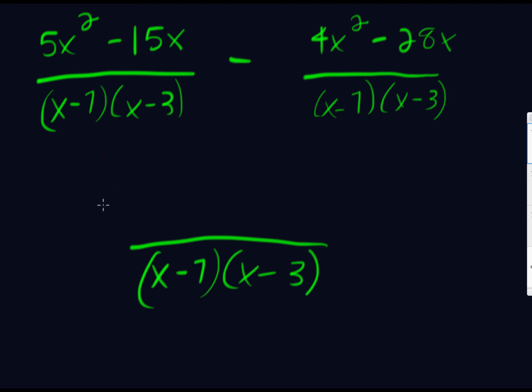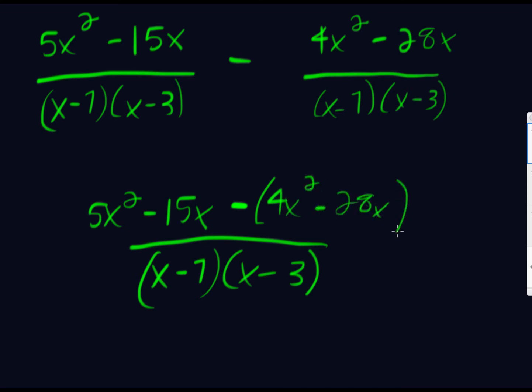So we have 5x squared minus 15x minus, I'm going to put that second binomial in parentheses, 4x squared minus 28x. I put it in parentheses because we had to subtract that binomial. I think it's easier if we put it in parentheses for us to get our sign correct.